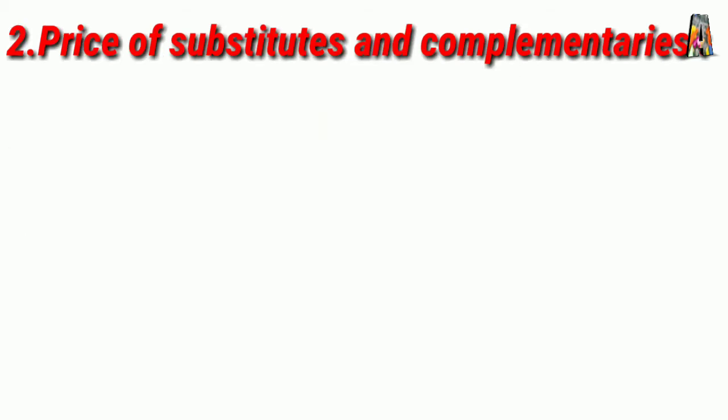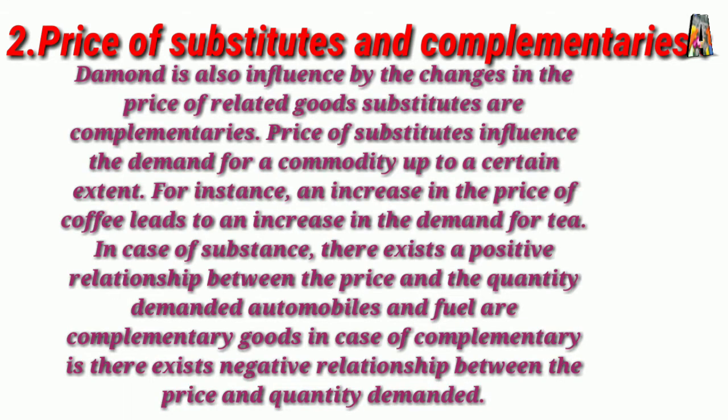Second one is price of substitutes and complementaries. Demand is also influenced by the changes in the price of related goods, either substitutes or complementaries. Price of substitutes influence the demand for a commodity up to a certain extent.